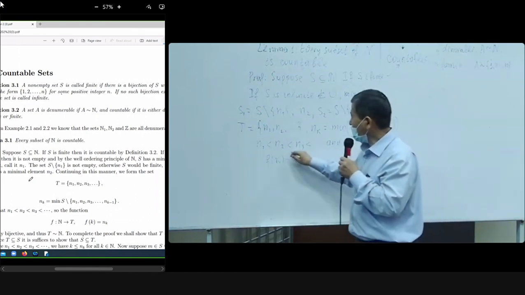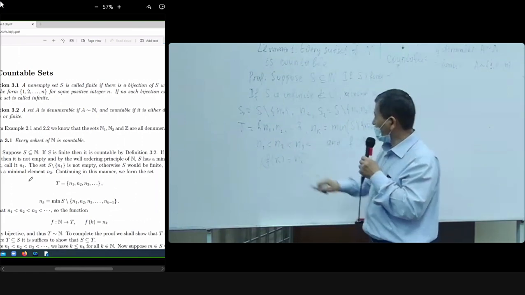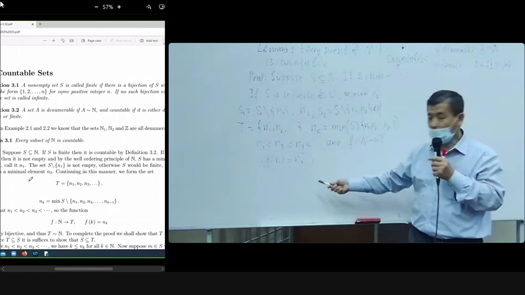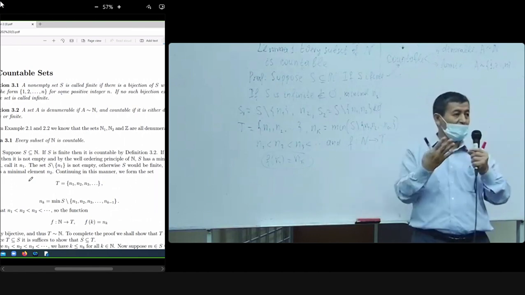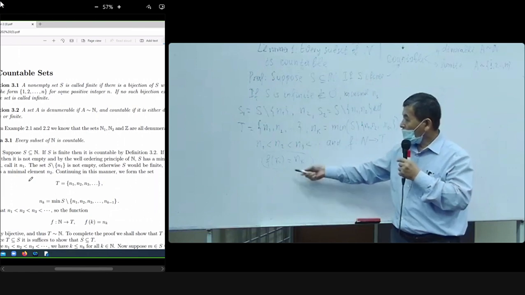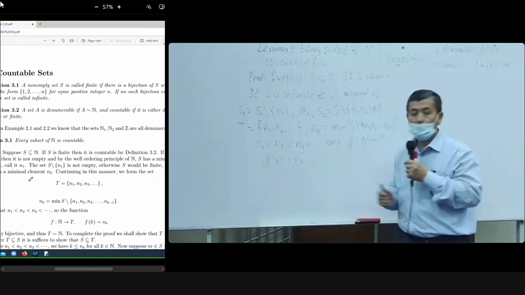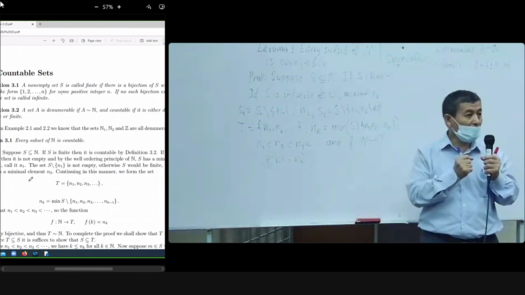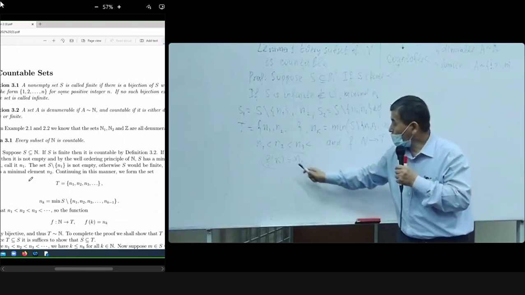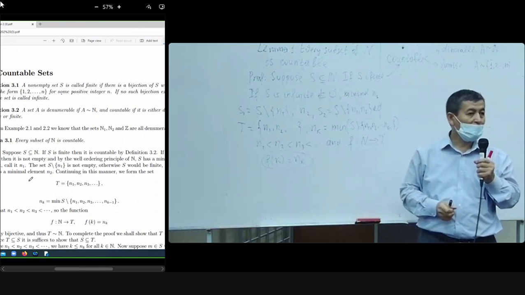Now you see we are able to construct a bijection function. You know, it is a bijection function. So here f of k is equal to nk. We are able to construct the function, and this function is a bijective function.